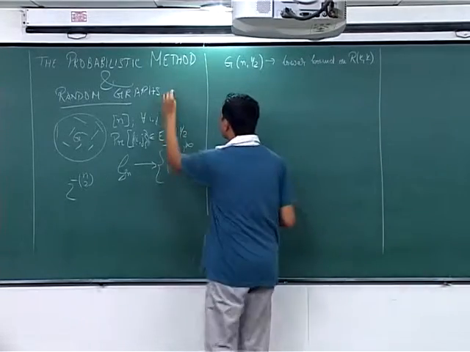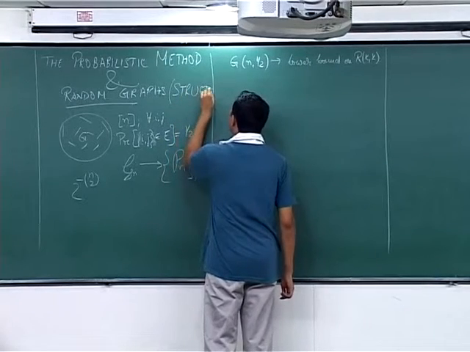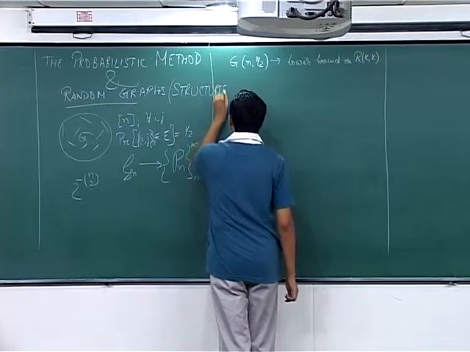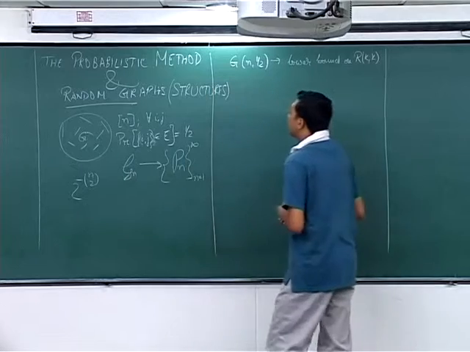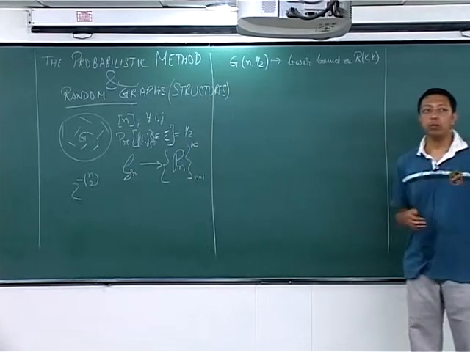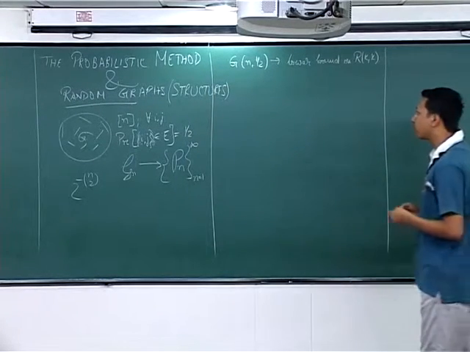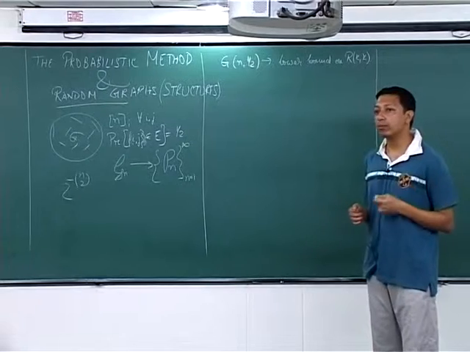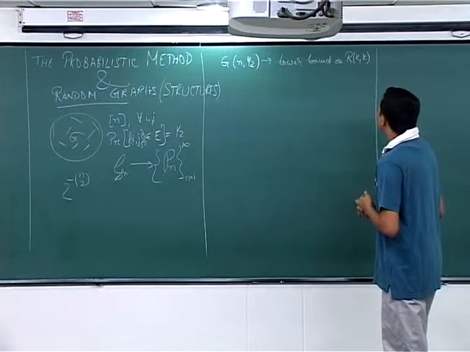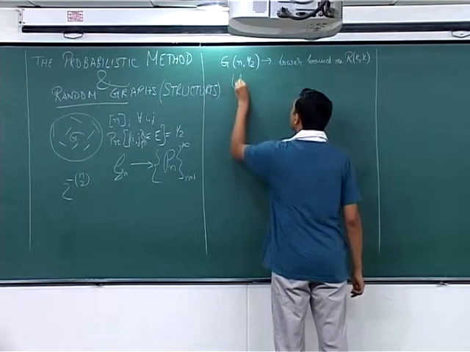Okay, so in general, you have random structures, and graphs are a particular kind of structure. So you have random graphs, random partially ordered sets, random directed graphs, random hypergraphs. Okay. So yeah, what could be the uses?